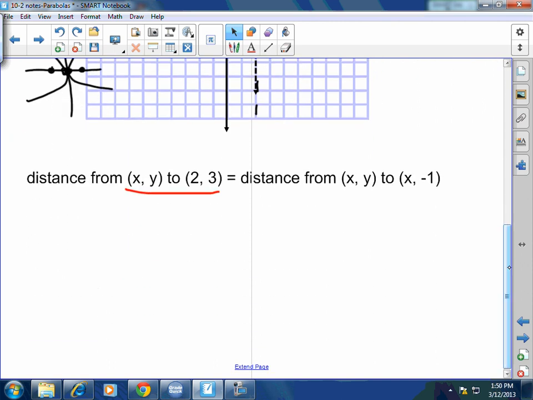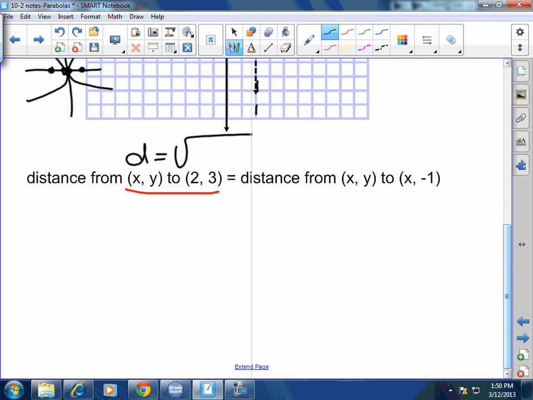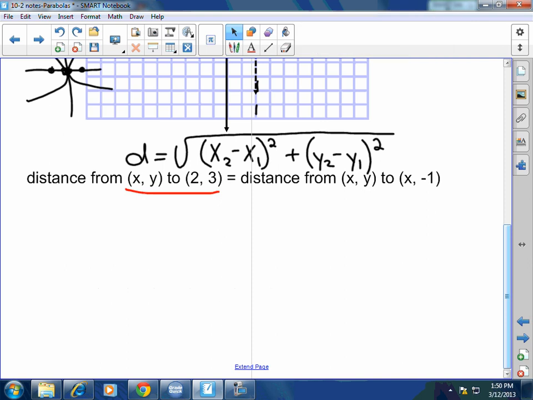And we prove it very easily. If you remember, the distance formula is the square root of (x2 minus x1) squared plus (y2 minus y1) squared. I'm going to have two different distances, aren't I? Yep. And I'm going to have to prove they're both equal. So, let's do it.